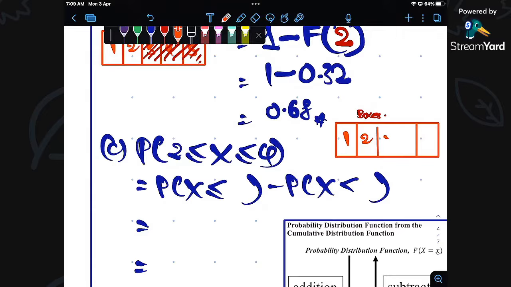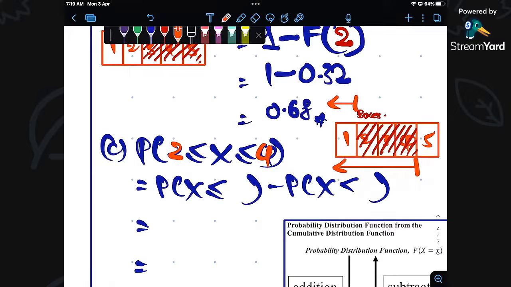So they want 2 until 4, but the 2 is included, 4 is as well included. So 2 until 4, you shade the region, and then I think you know how to solve this already, which is 4 to the front minus with who? Minus with 1 to the front.